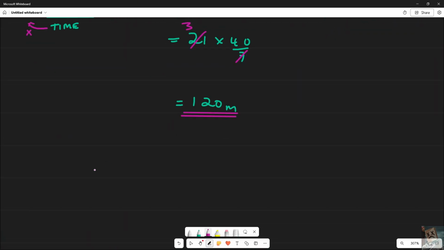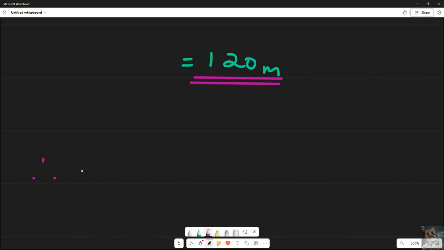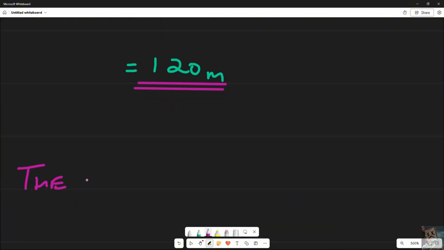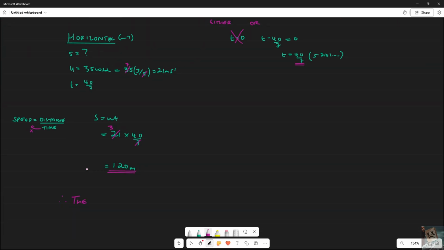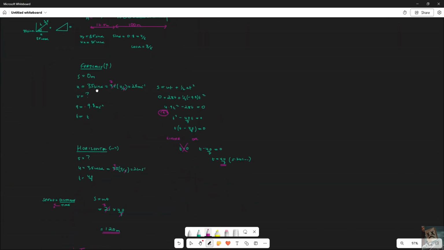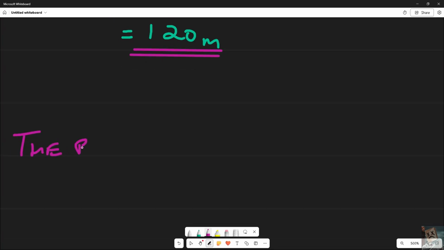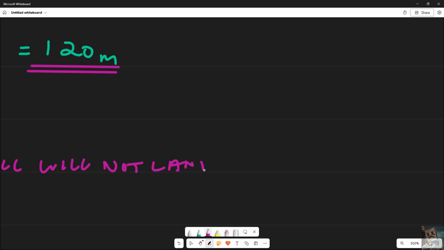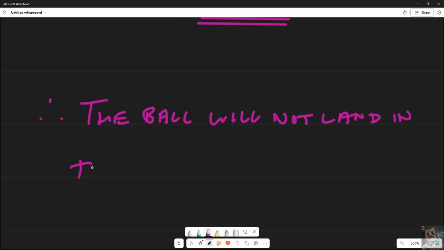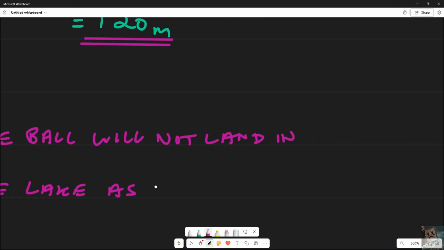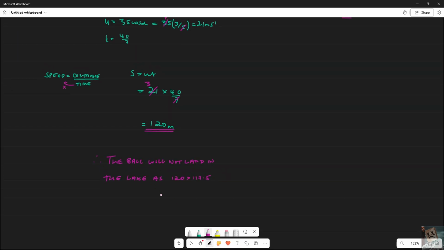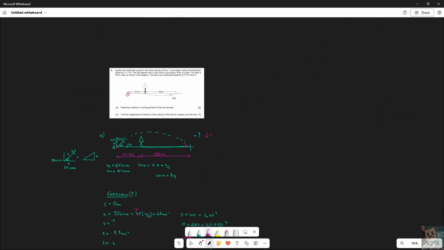So we'll say, so therefore, the ball, the golf ball, will not land in the lake as 120 is more than 117.5. And then you should get your last mark for that. So that was 6 marks.